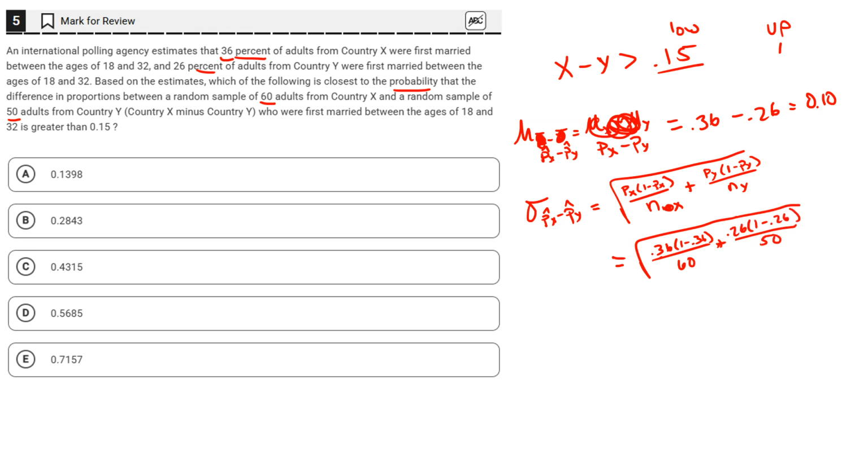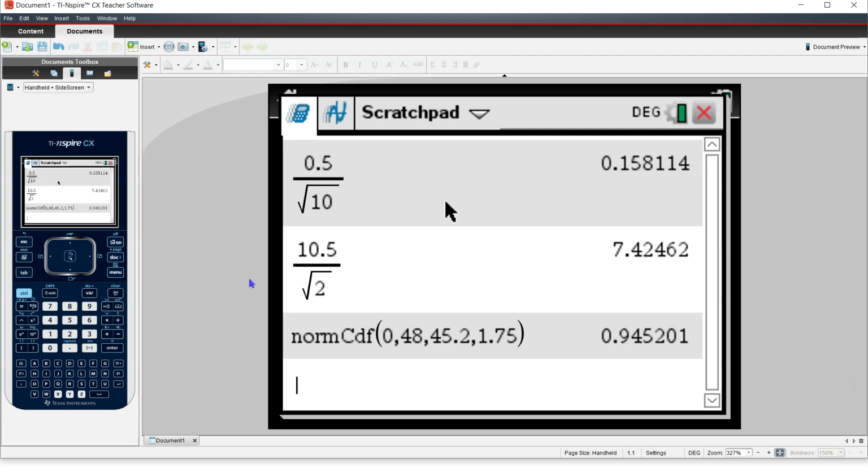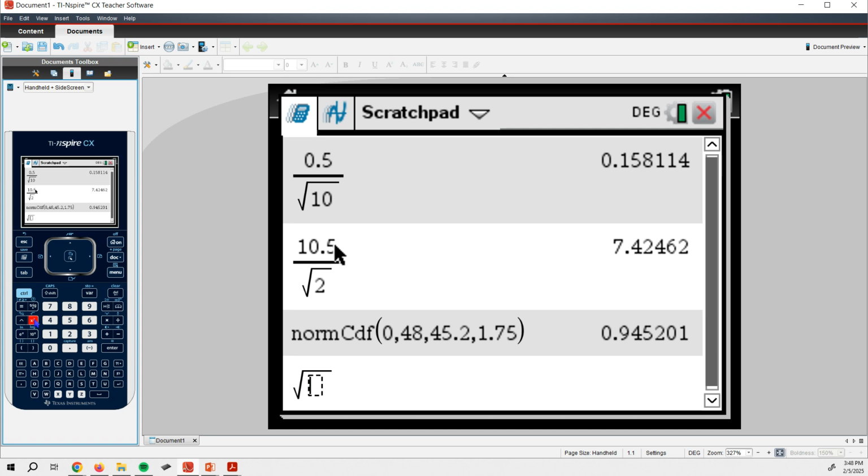So let's throw all this into the calculator. See if I can bring up my calculator here on your screen and see what happens. All right. So we're going to do this somewhere. Okay, I'll move that over there. Control square root and then control divide.